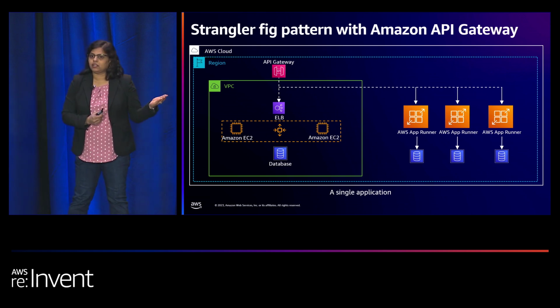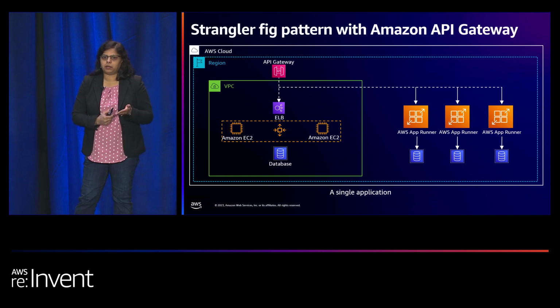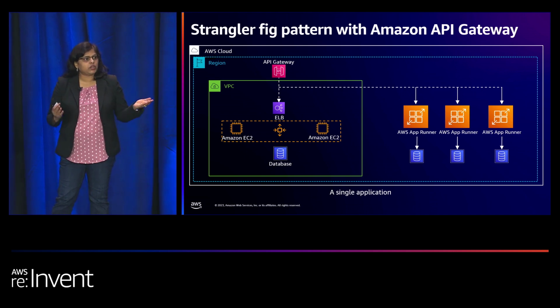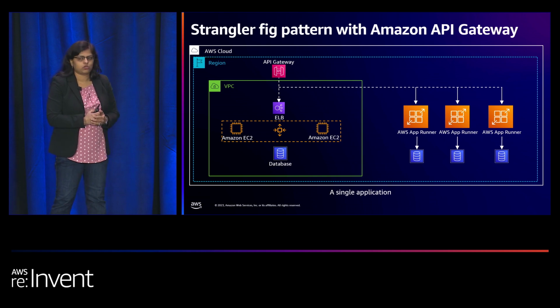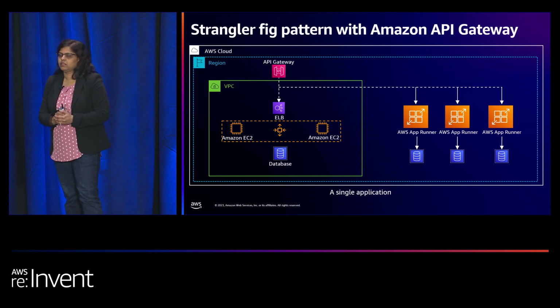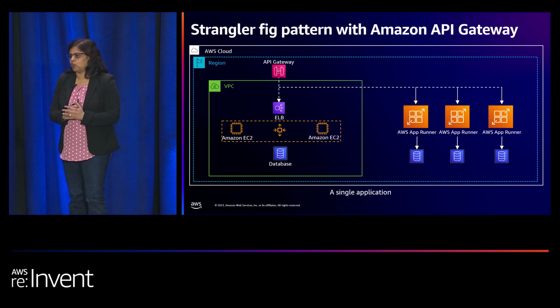Now that you have migrated your application to the cloud, and you have also worked on some simple-to-use optimizations, this is a good step for you to now think about refactoring and modernizing your application.